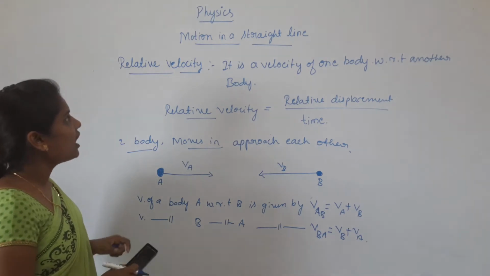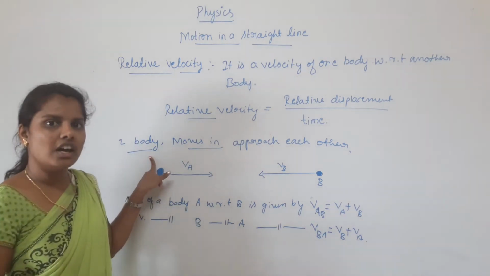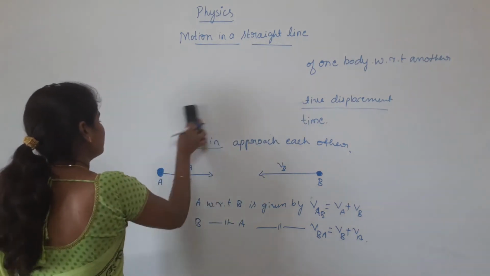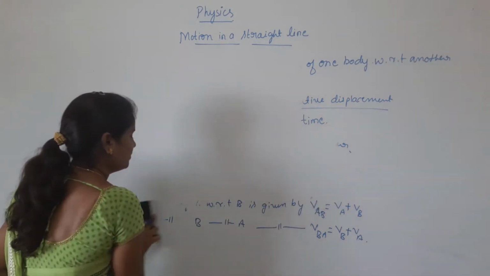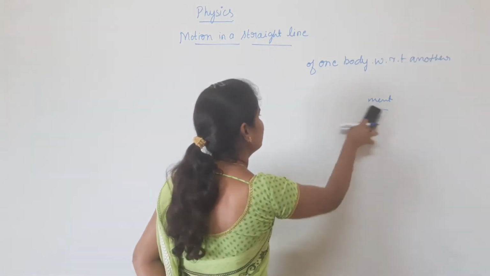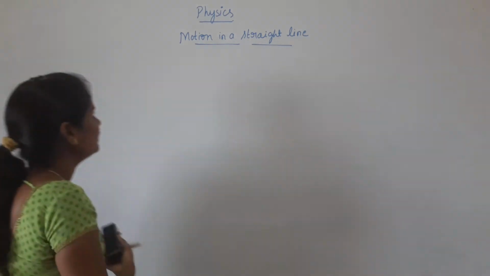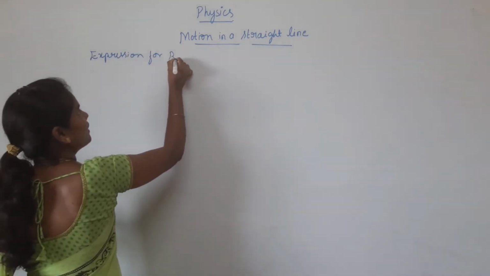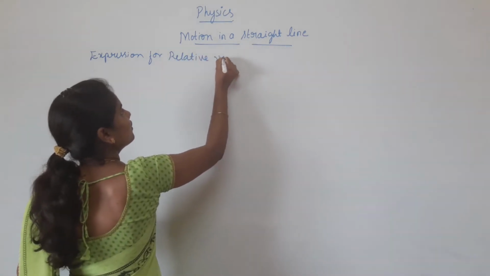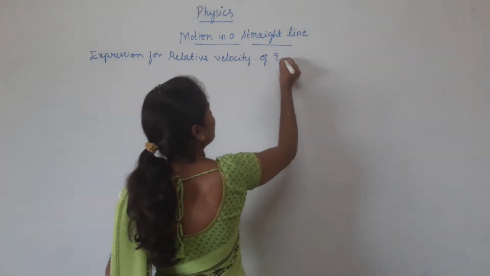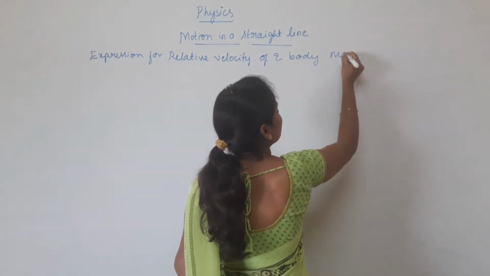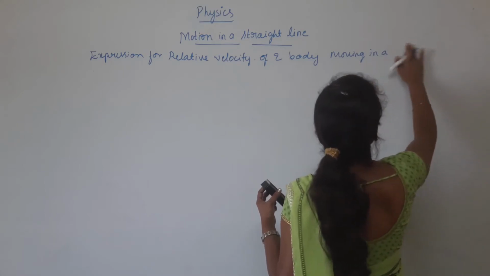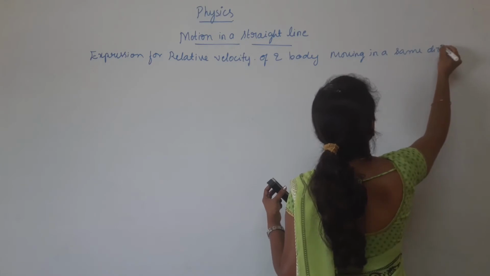Now let's derive the expression for the relative velocity of two bodies moving in the same direction with uniform velocity.